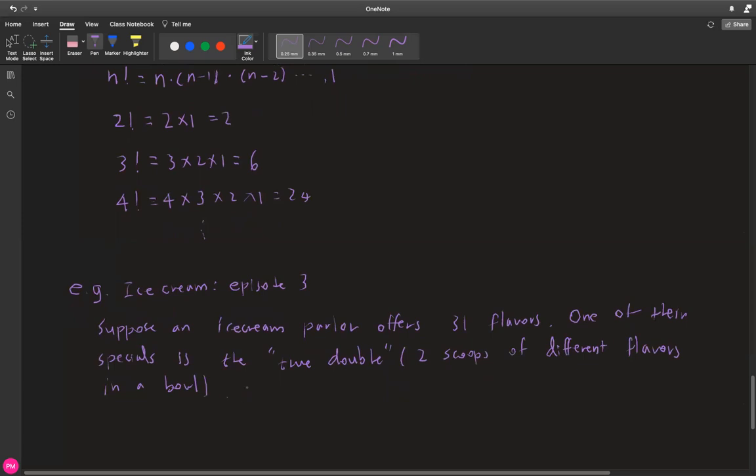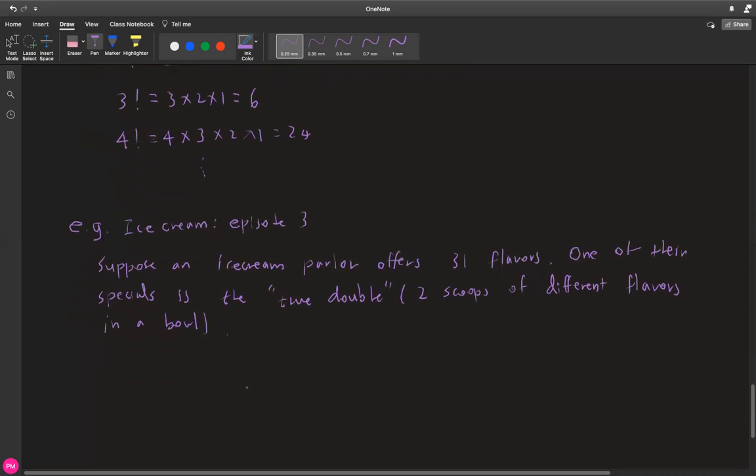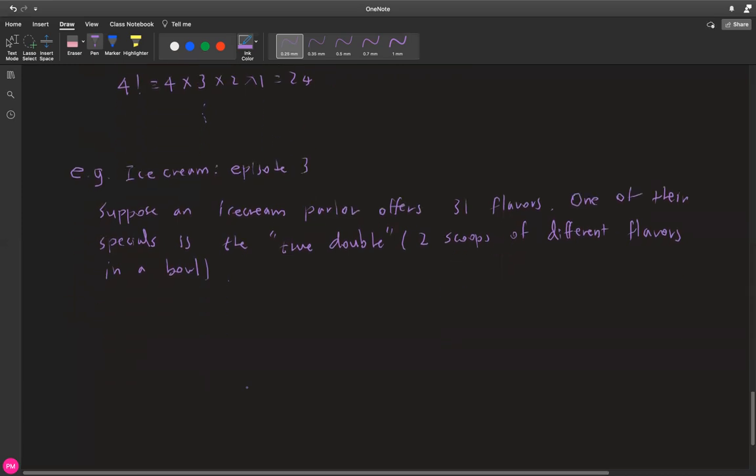How many different ways can you order the true double? Here we took out the cone and the toppings, so we only have 31 flavors and it's served in a bowl. So we don't really have to think about the other variables. We're choosing 2 different flavors out of 31. So how would you approach this problem?